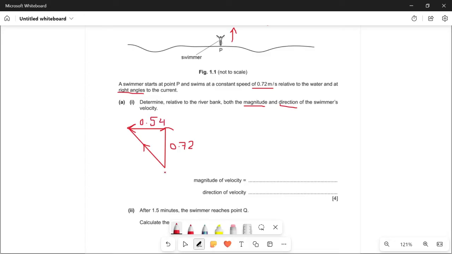So now we have to find the magnitude of the resultant velocity. So we use Pythagoras theorem. a squared plus b squared is equal to c squared. So we can do 0.54 squared plus 0.72 squared is equal to c squared.